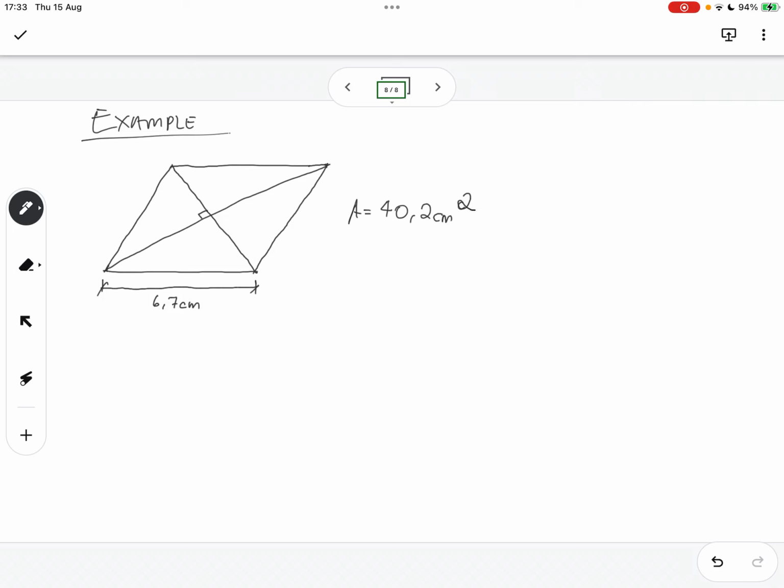So this is what's given. We must find the perimeter and the height. How would we do that?